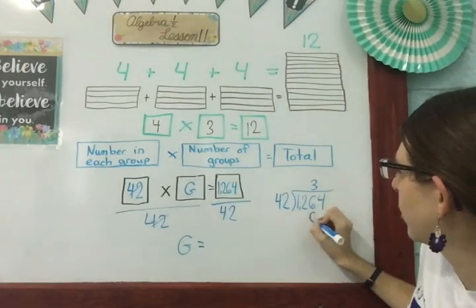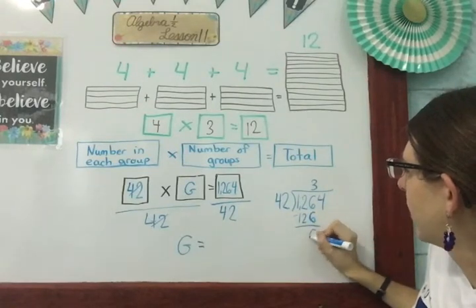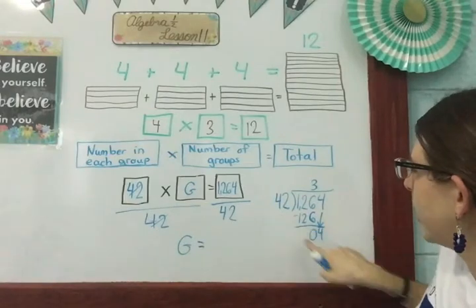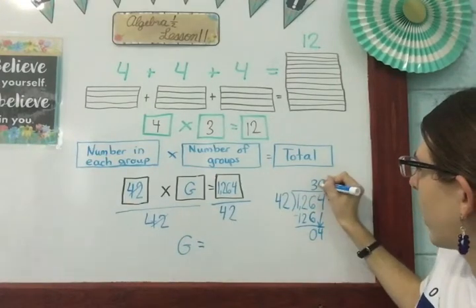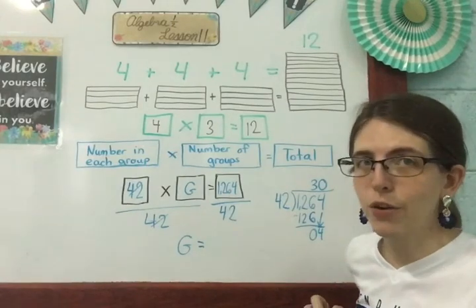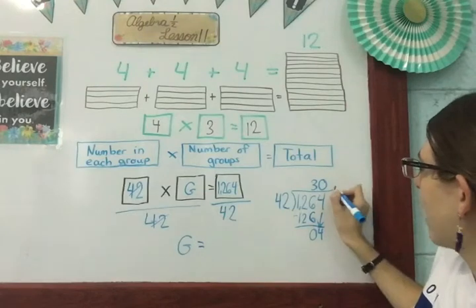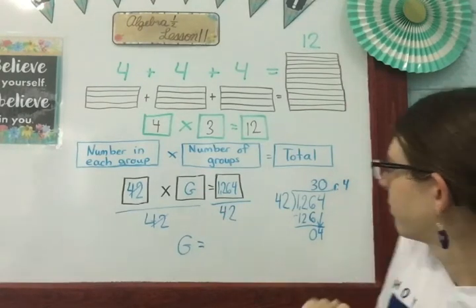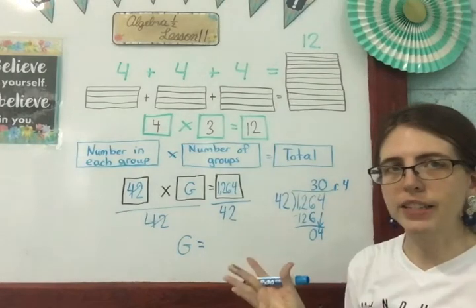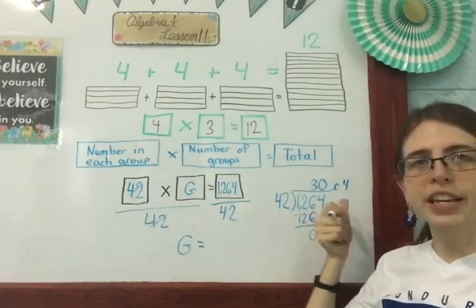Multiply 3 times 2 is 6, 3 times 4 is 12. Subtract, I get 0. Bring down the 4. 42 can't go into 4, so I have to put a 0 up here. Can't forget that step. If you forget to put your 0, you have a very wrong problem. Okay, so 30, but I have a remainder of 4. So I need 30 buses, but I still have 4 students left over that need a bus.